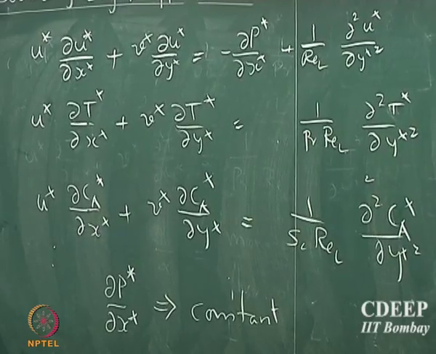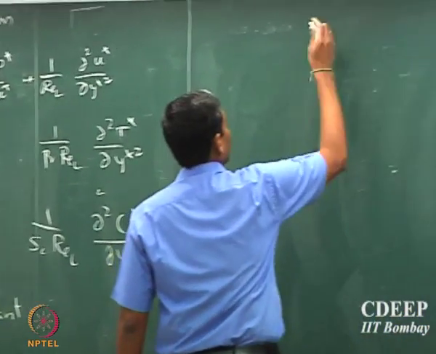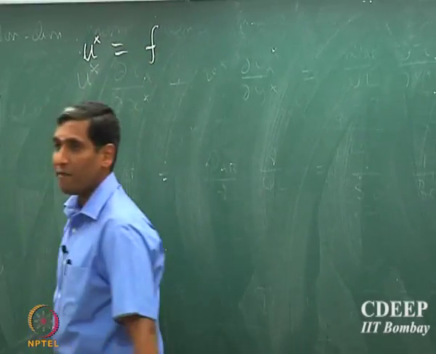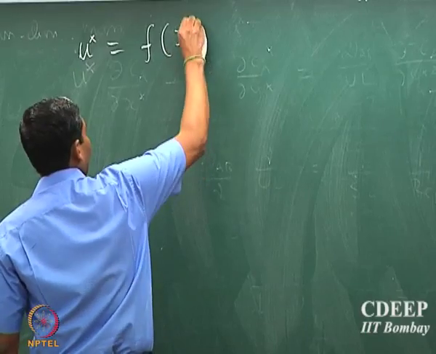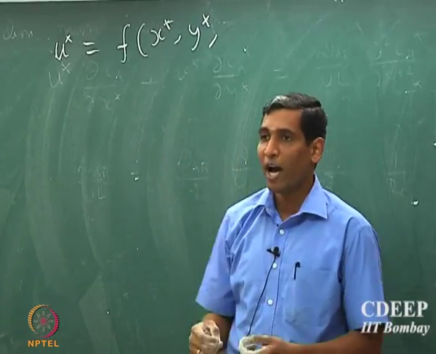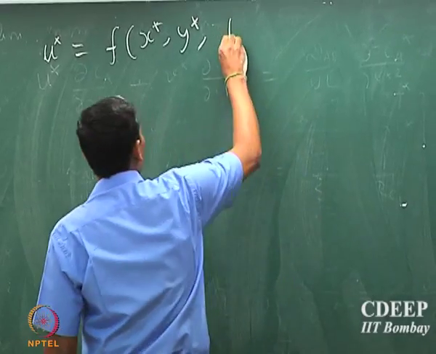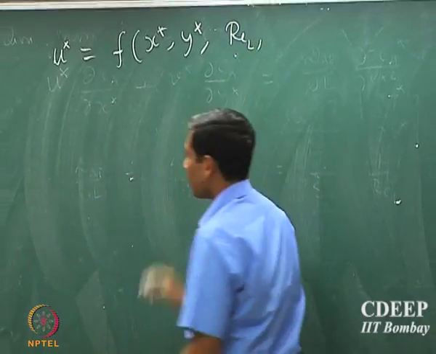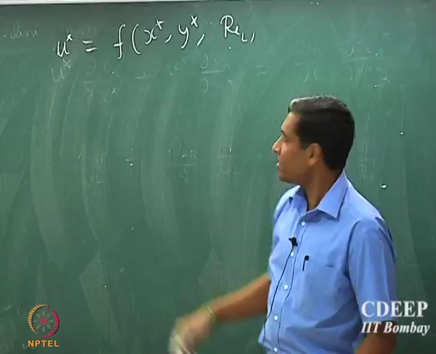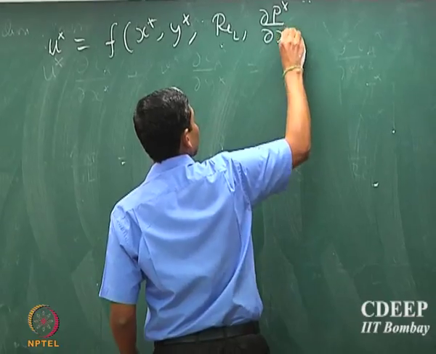So a right way to put that is, suppose I say that the velocity u star is a function of x star and y star, because you have an x component velocity which is varying in both x and y. It has to be a function of the Reynolds number because that's the property of the fluid which is appearing in the equation, and it has to be a function of dp star by dx star.